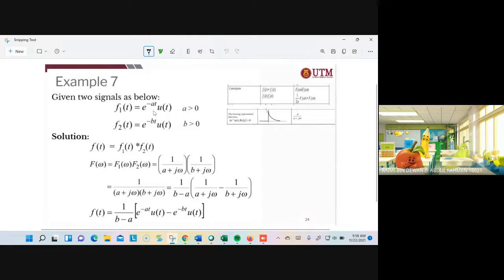You just need to relate to your table. First, refer to table C.1, and then refer to the other table, which is, I think, C.2, and then you can see which signals are related to it. You are given that F1 is e to the power of negative a t times a unit step.